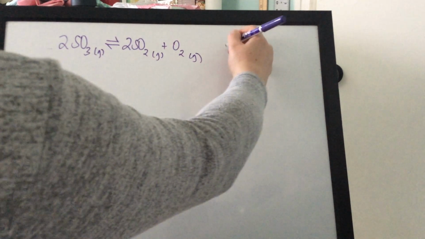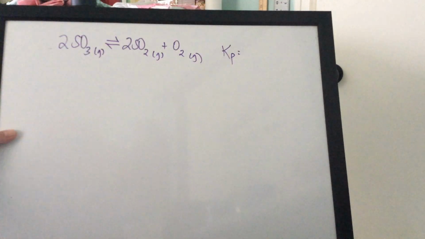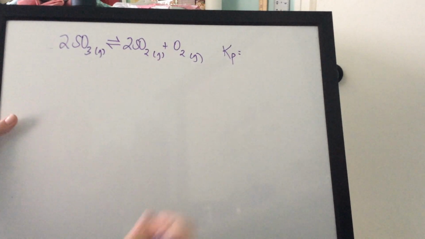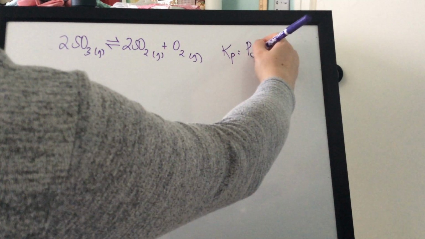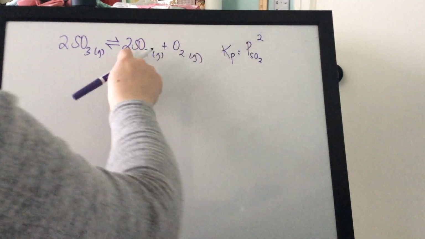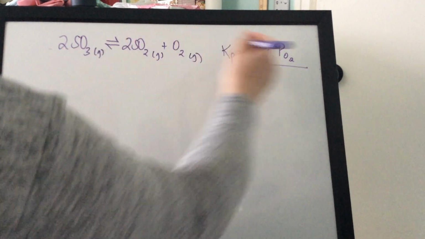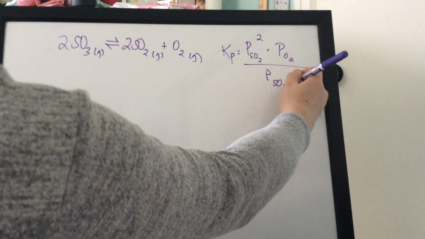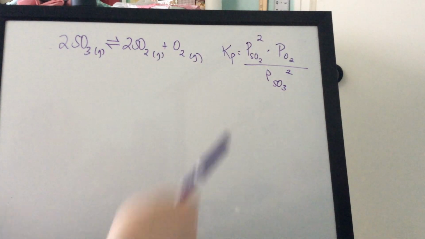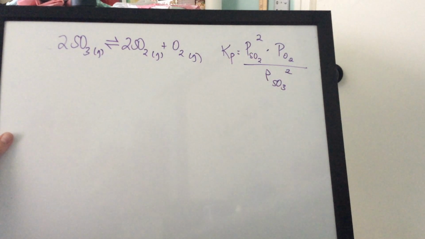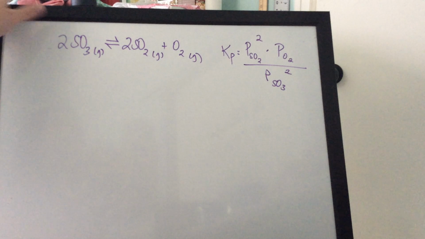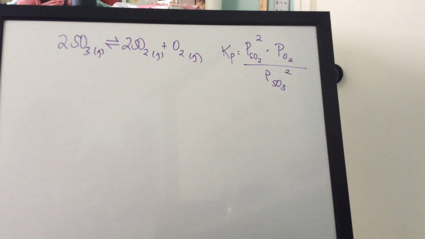So over here, I'm going to write my Kp expression. Products over reactants, so partial pressure of SO2 squared, don't forget your square, times partial pressure of O2 divided by partial pressure of SO3 squared. Okay, and again, if I can come up with these 3 numbers, then I'll be good to go.